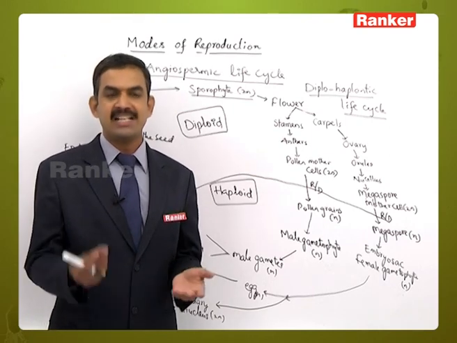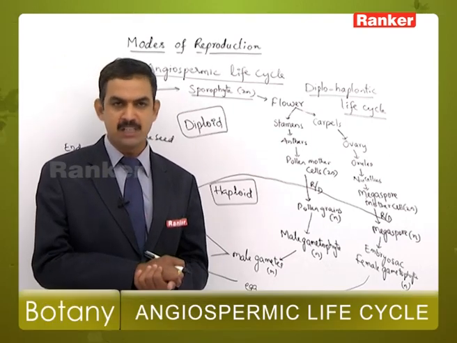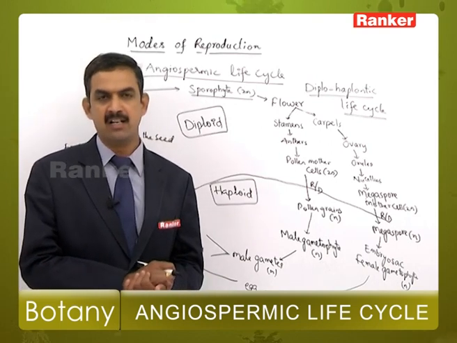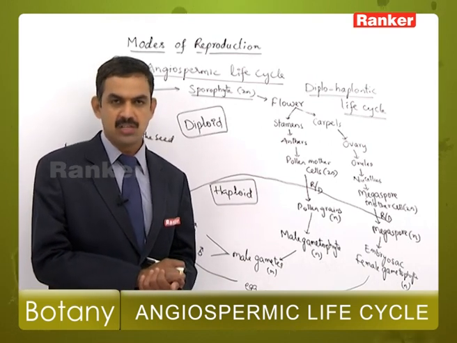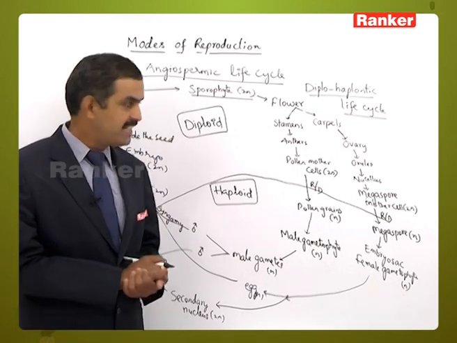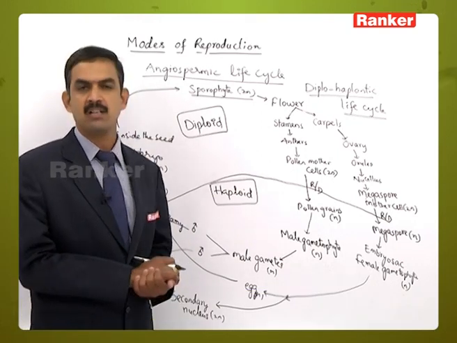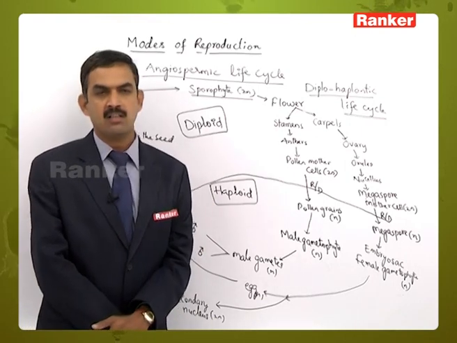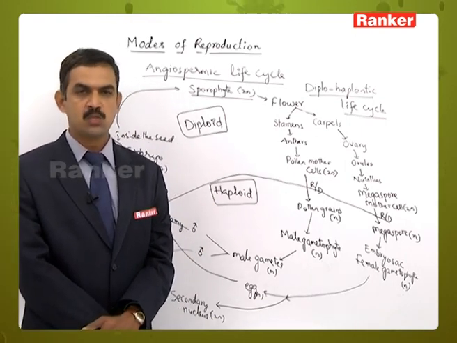Those are present inside the sporophytic plant body, and they do not have any root, leaf and stem like organizations. They are nutritionally dependent on the sporophytic generation. So these are the changes that we observe in the life cycle of a typical angiospermic plant.